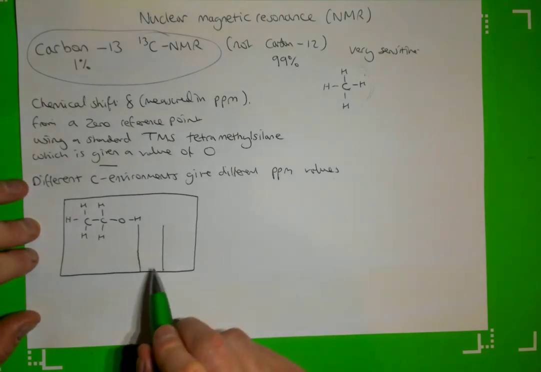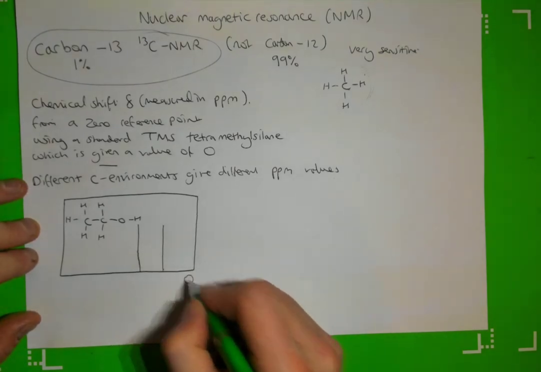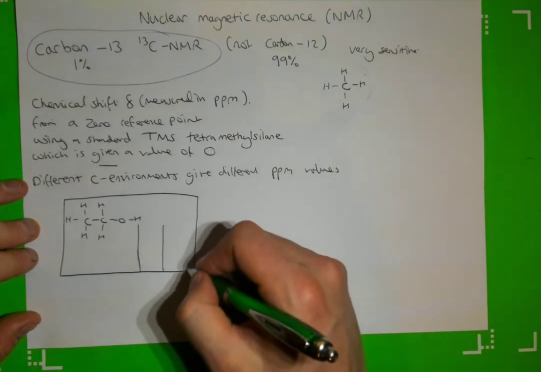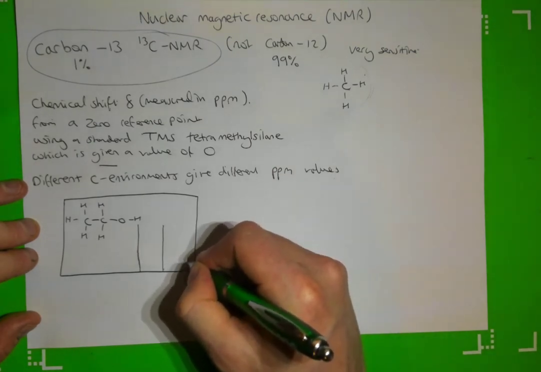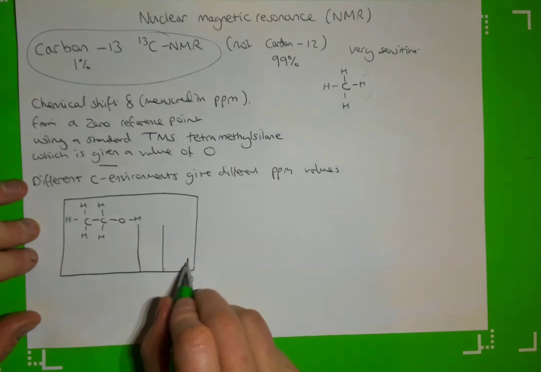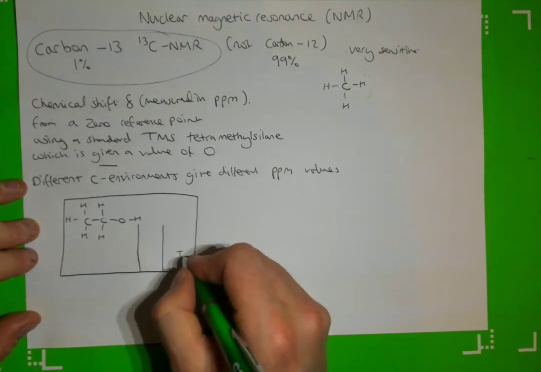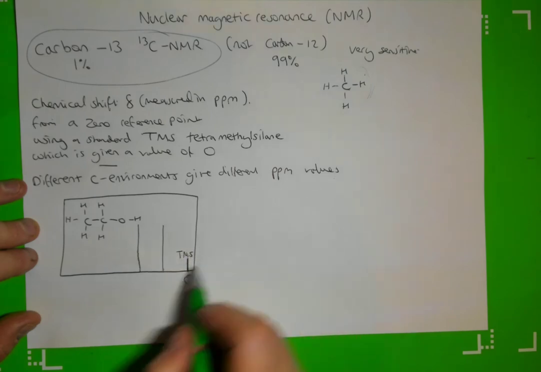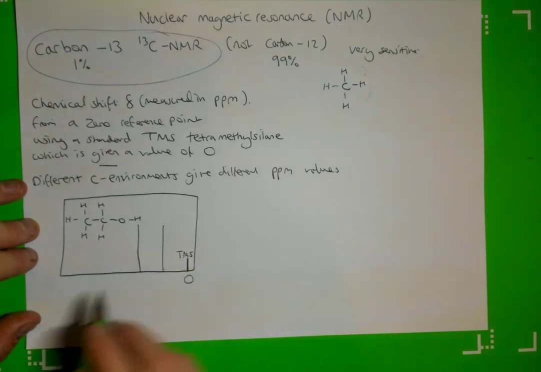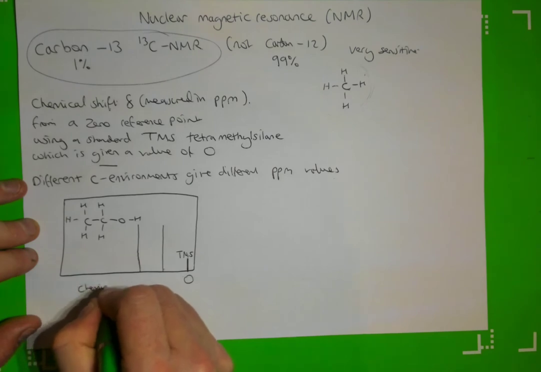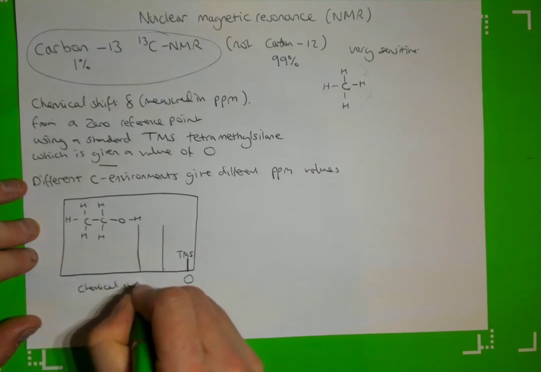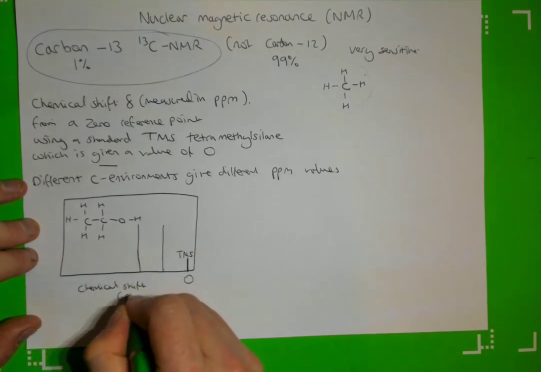Now it's a strange graph, this one, because 0 is actually at this end here. Now remember, we've got a sample put in there as well. We only put a little bit of sample in, so this peak here was going to be a much smaller, and that is our standard. And along here we have chemical shift. That is measured in parts per million.